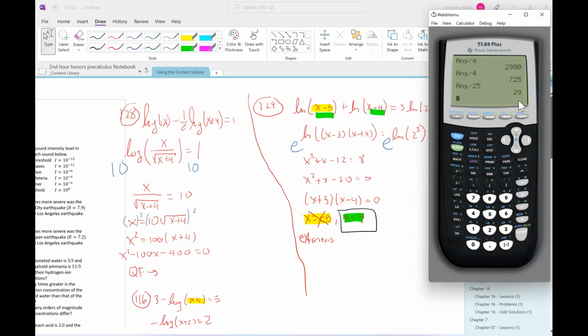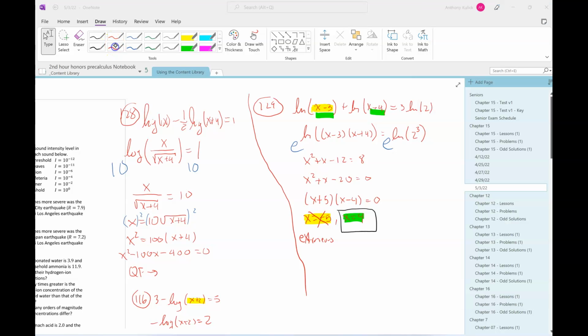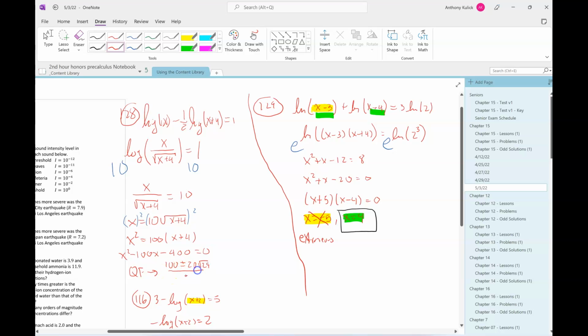Okay, so I have 20 square root 29. Or 50 plus or minus 10 square root 29.